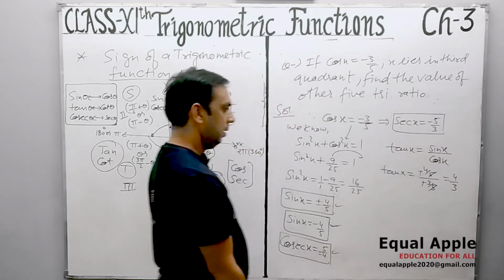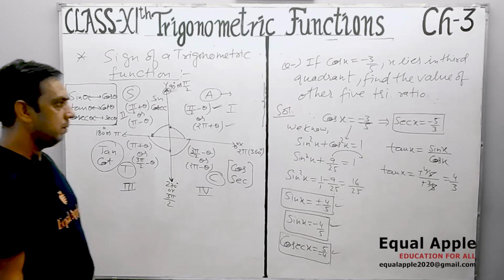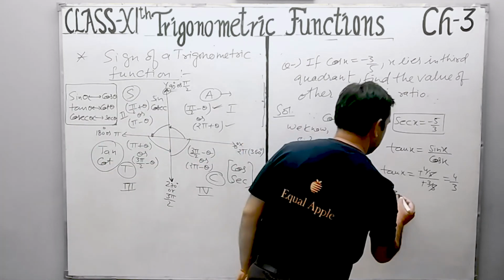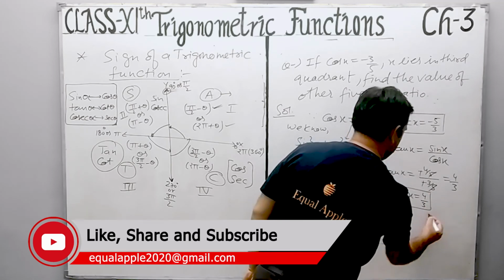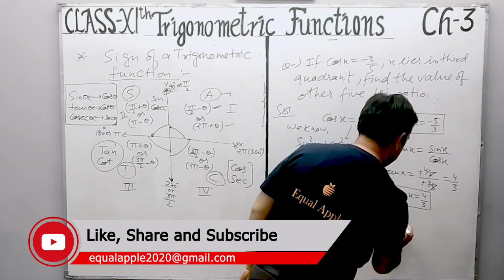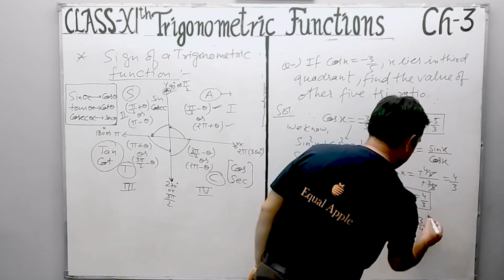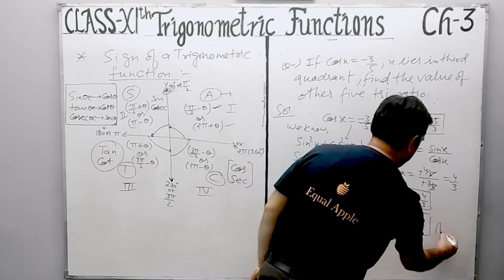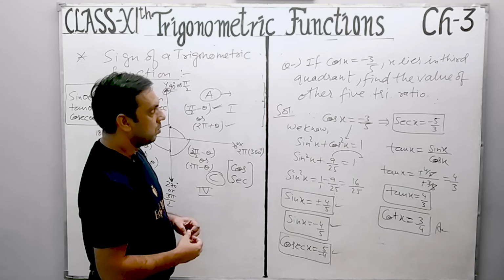You can see in the chart that in the third quadrant the value of tan x is positive. That's why tan x is 4 upon 3. The reciprocal of tan x is cot x, so that will be 3 upon 4. So this is how we will find the trigonometric ratios.